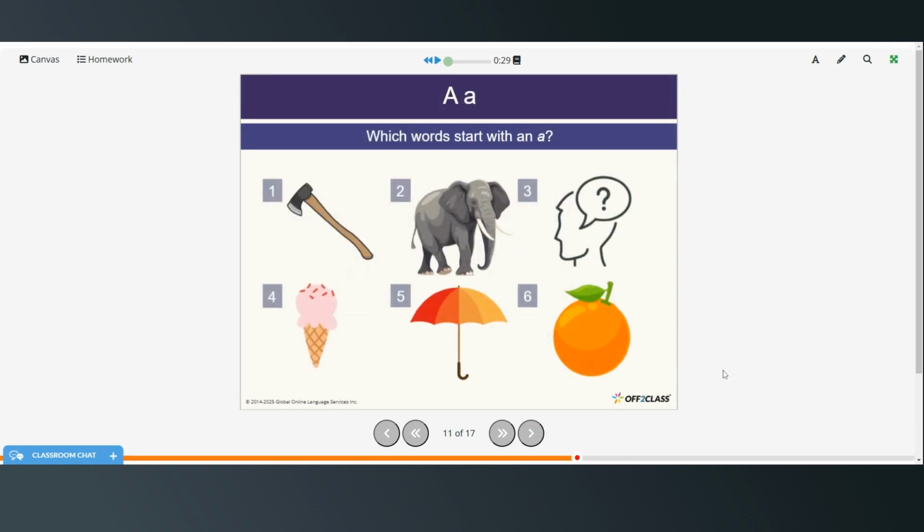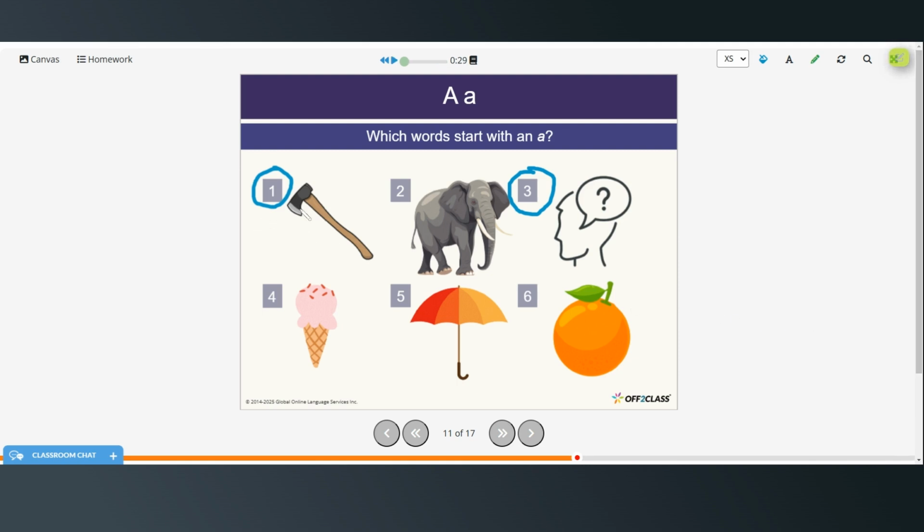All right, so now take a look at these pictures and figure out which ones start with an A. Axe, elephant, ask, ice cream, umbrella, orange.